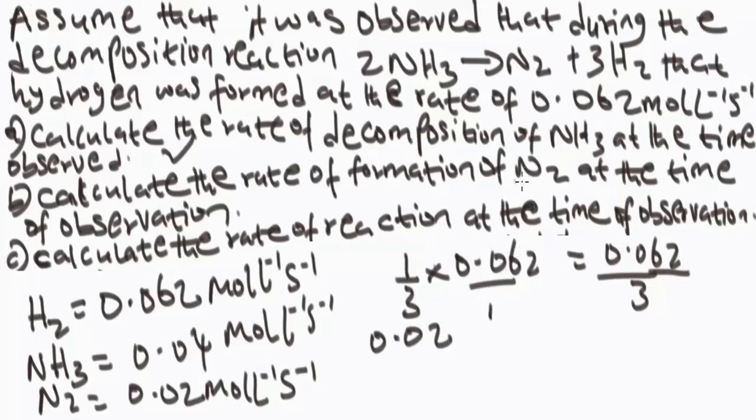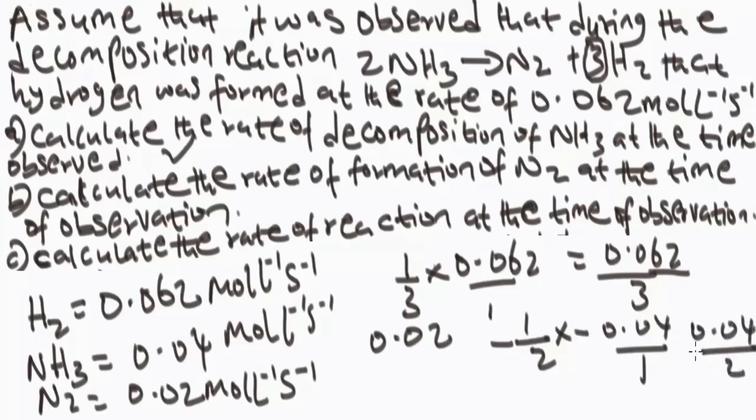Remember, this 3 is the stoichiometric coefficient of hydrogen gas. For ammonia, since it's disappearing, it will be minus 1 over 2 times minus 0.04. Minus times minus will give you plus, so something like 0.04 over 2. When you punch this into your calculator, you are still going to have 0.02, if you are leaving it in two decimal places.